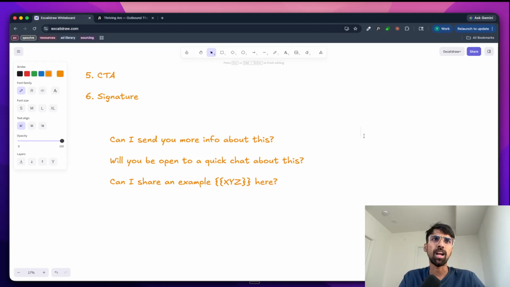So what's happening here is that, one, you can have a very low friction ask. A low friction ask is essentially if you can send some info, or a lead magnet.